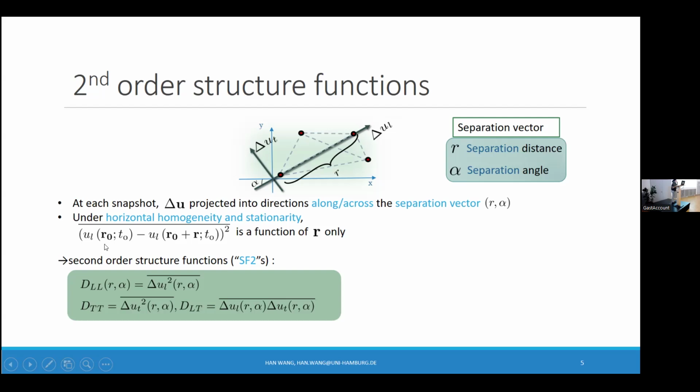It's only a function of the separation between these 2. This is what we call the second order structure functions. On the slides, I will call them SF2s. More specifically, the LL means it's the average of the longitudinal component of the velocity difference squared, and TT is the transversal component squared.